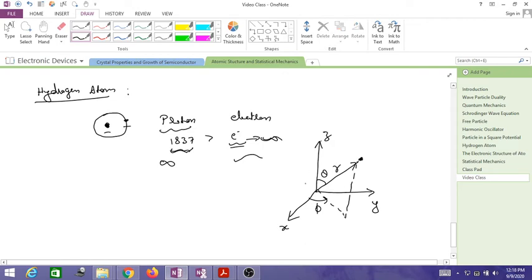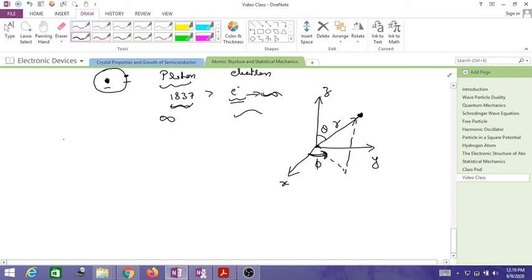Now this is called a spherical coordinate system. The distance of the particle from the nucleus is r, the angle with respect to the z-axis is theta, and on the xy plane the angle is phi.